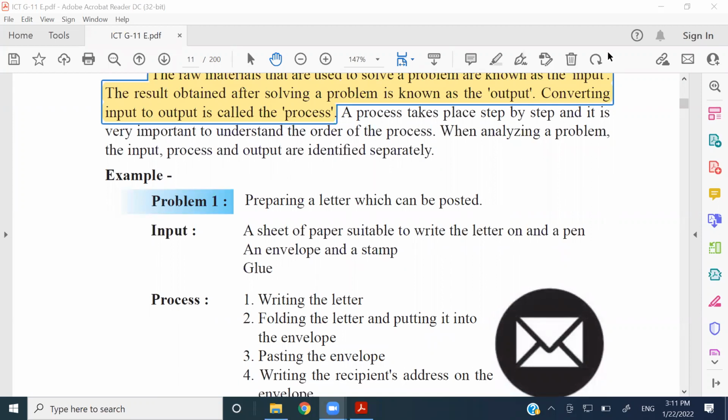Okay, one is done. How about others? Is there anyone who is still writing? Okay, Ravindu, hurry up.